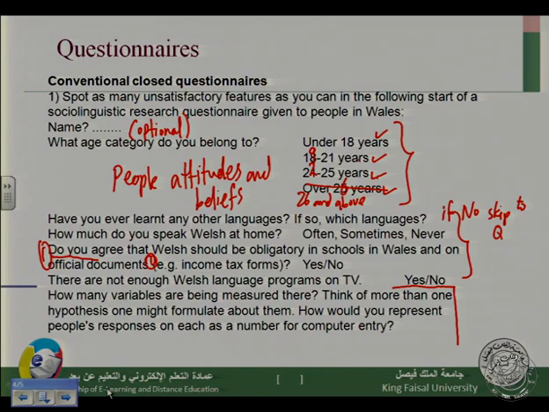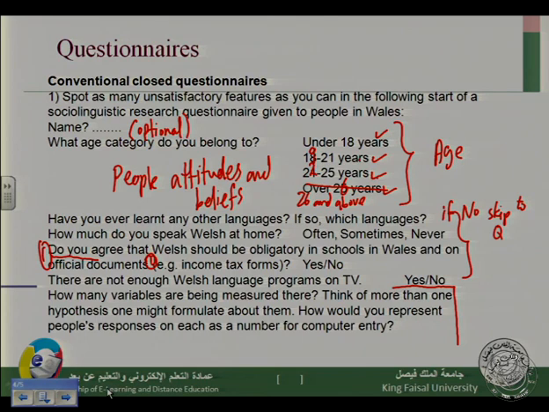So they want just to check maybe the age on people's attitude. So the second variable is age, and one of these variables is called dependent and the other independent variable.